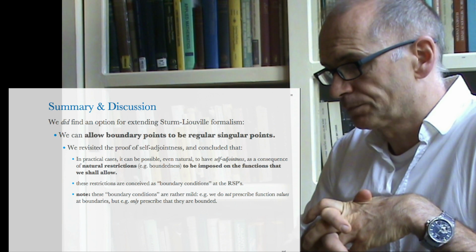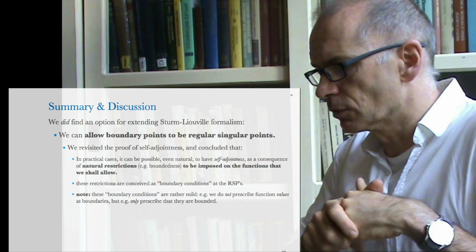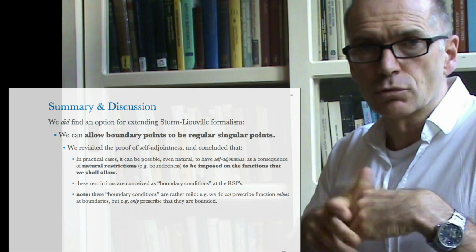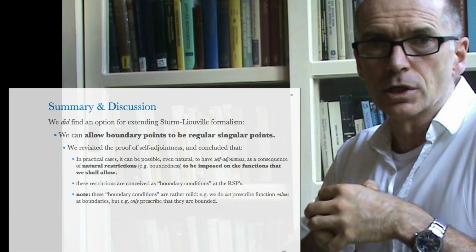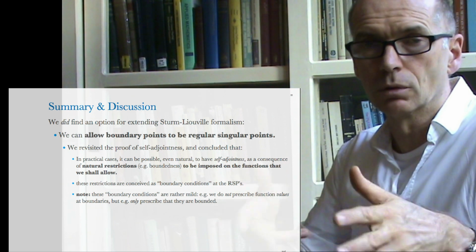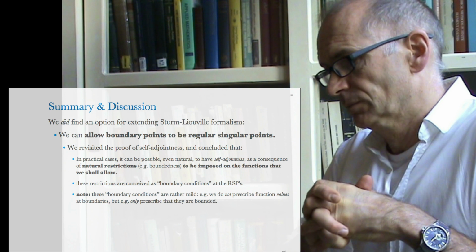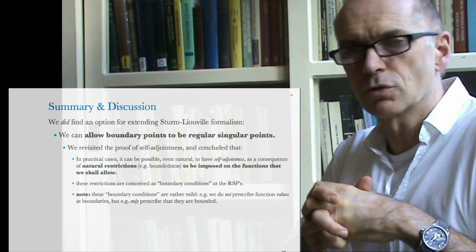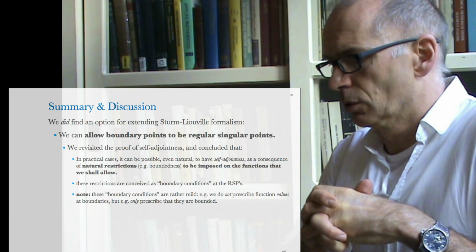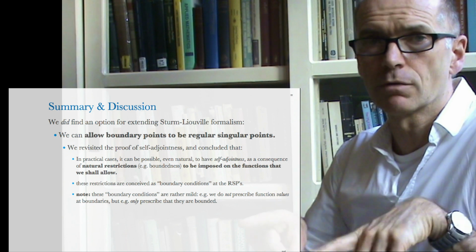And as we saw, revisiting the proof of self-adjointness, in practical cases you have to study them case by case, carefully checking the proof and checking if and how you can meet the conditions for self-adjointness. But in practice it is often possible and even natural to have self-adjointness as a consequence of rather natural restrictions on the functions.